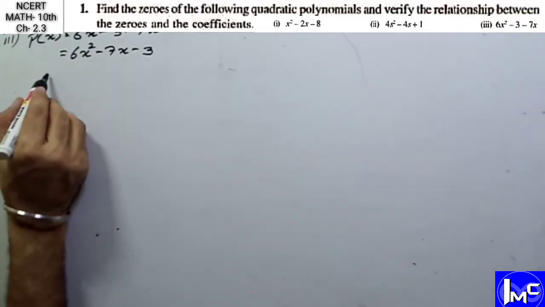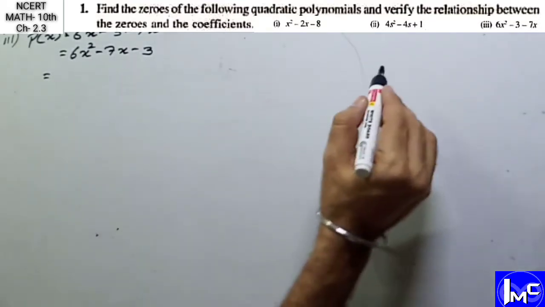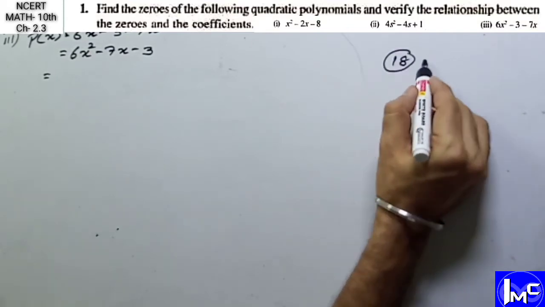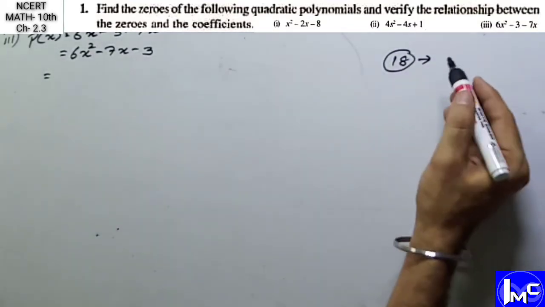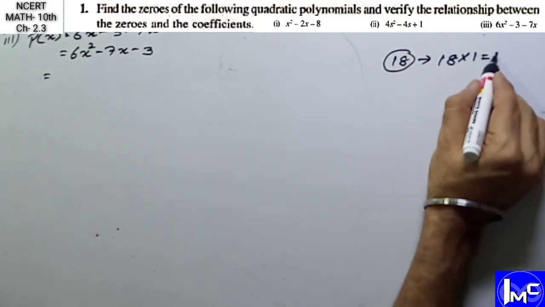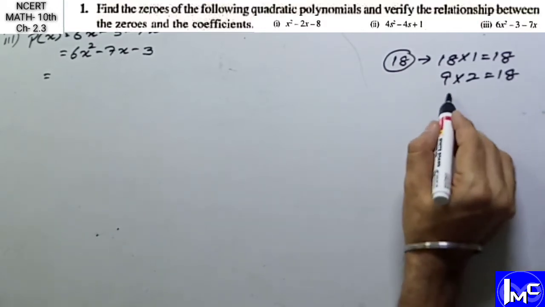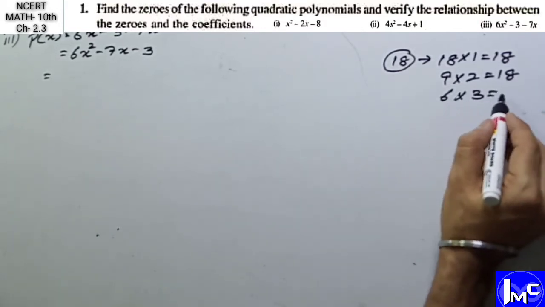Now factorize it. Now we need 6 threes are 18. What are the pairs of 18, in the form of multiplication of two numbers? 18 ones are 18, 9 twos are 18, 6 threes are 18.